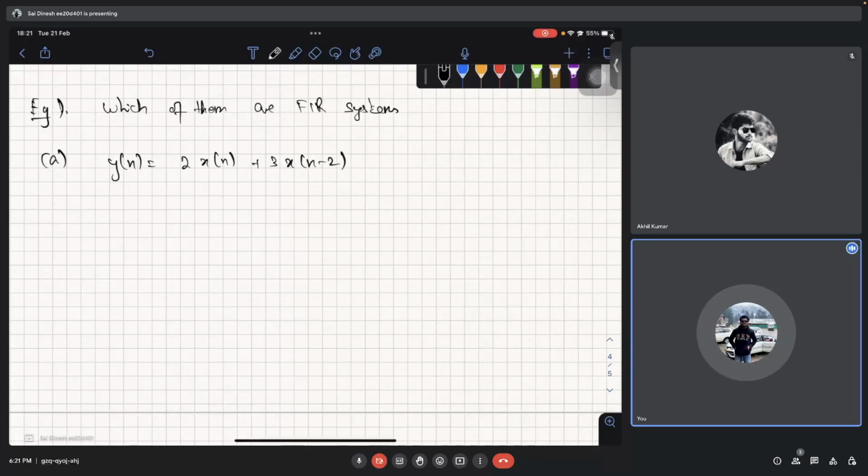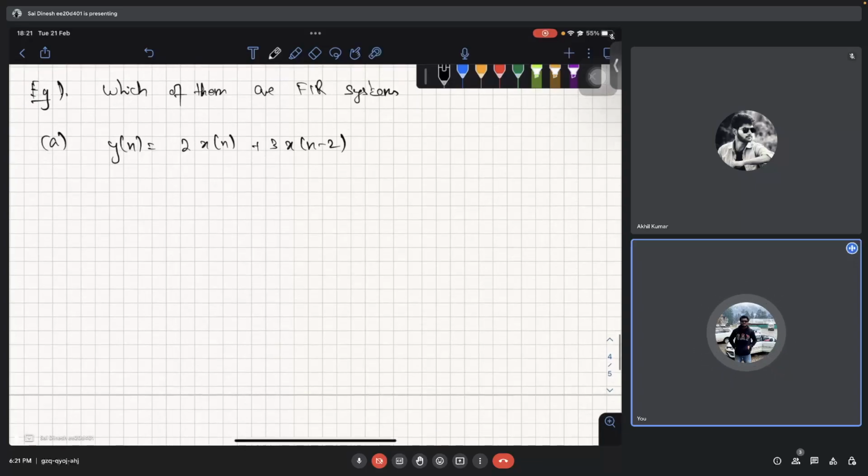Is this an FIR or an IIR system? Okay, so if we write it in the Nth order form, we see that all the a k are 0, right? So this is an FIR system.